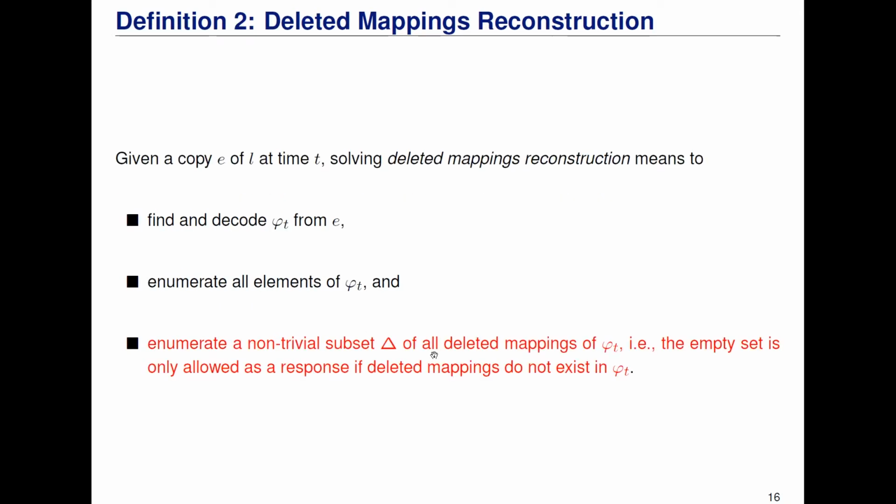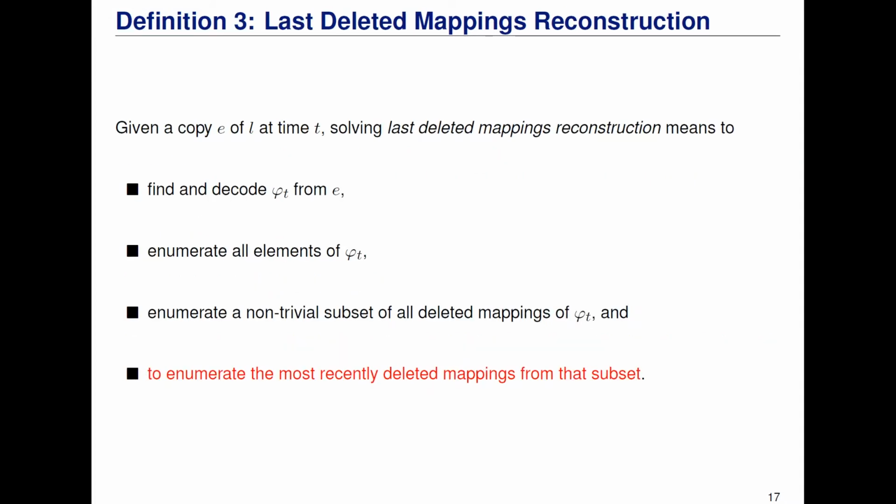Definition 2 takes definition 1 as a baseline and adds a constraint: enumerate a non-trivial subset delta of all the mappings of phi_t, and the empty set is only allowed if no deleted mappings exist. We need this condition, otherwise we are unable to distinguish between definition 1 and 2. And the last, deleted mappings reconstruction, adds another constraint: enumerate the most recently deleted mappings from that subset.